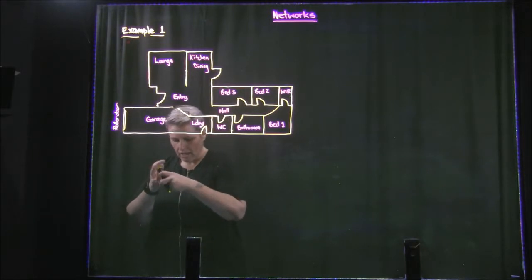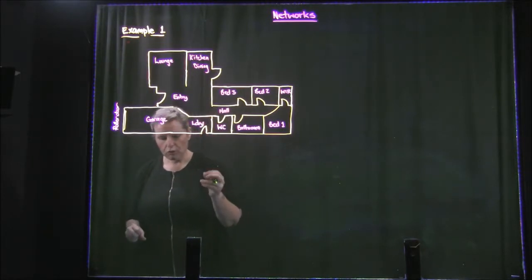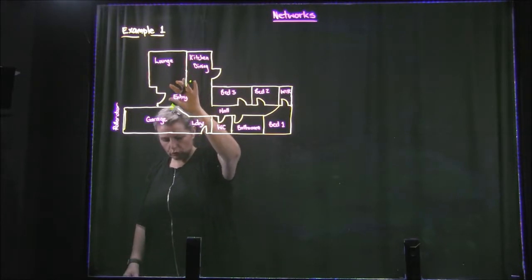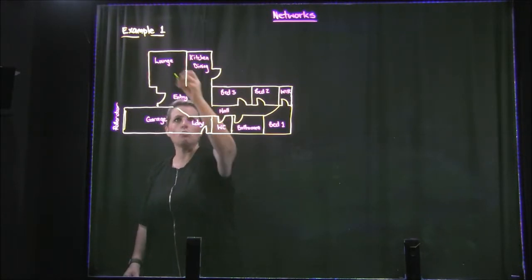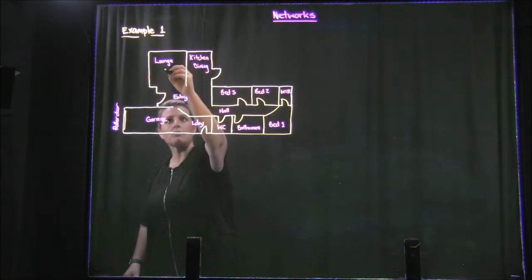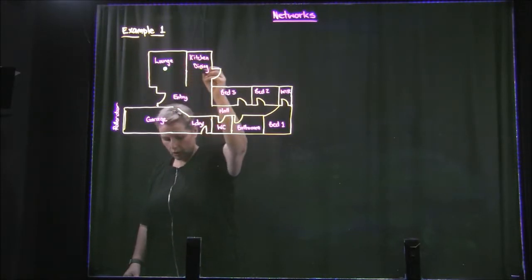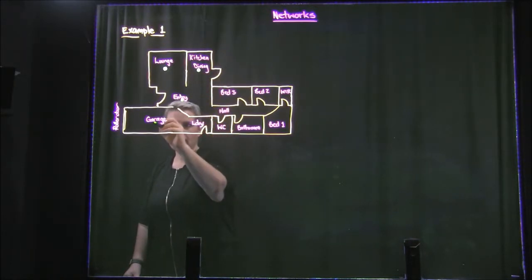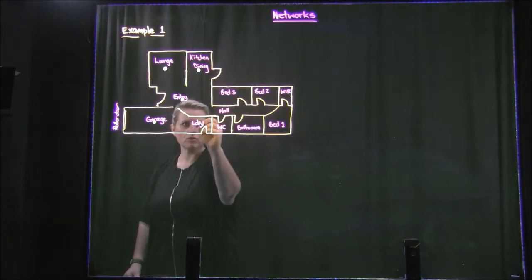We want the rooms as nodes. So each room, including the entry and the hall, we need to put a node. We're going to put one in the lounge, one in the kitchen dining, one in the entry, one in the garage, one in the laundry.